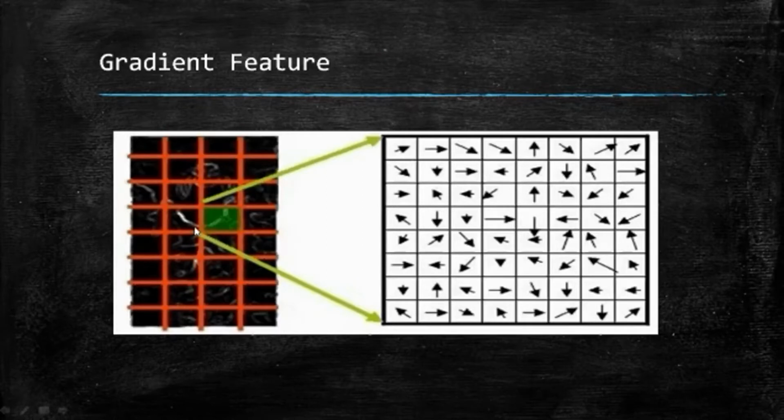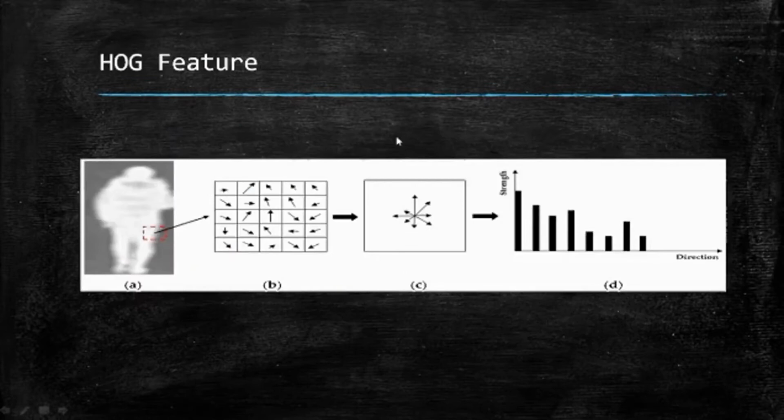Okay, HOG features. The histogram of oriented gradients, HOG, is a feature descriptor used in computer vision and image processing for the purpose of object detection. We can think of HOG features as taking a group of grid cells.